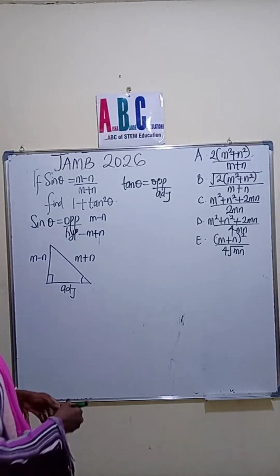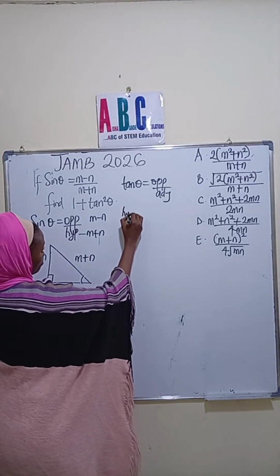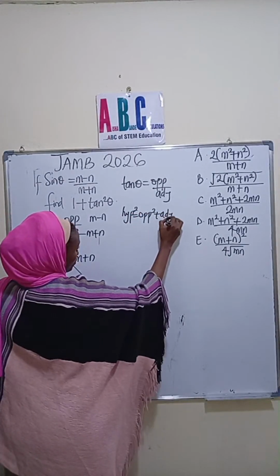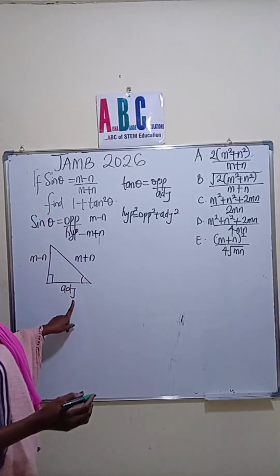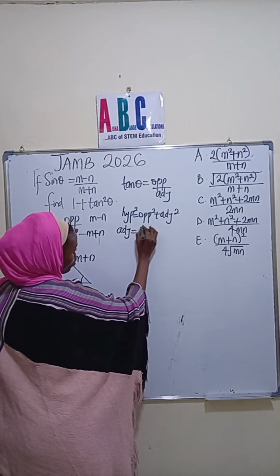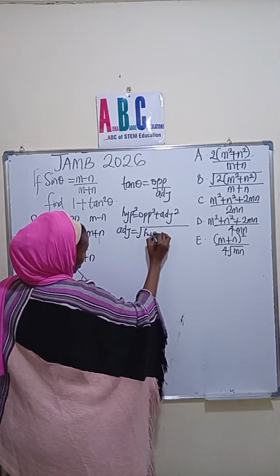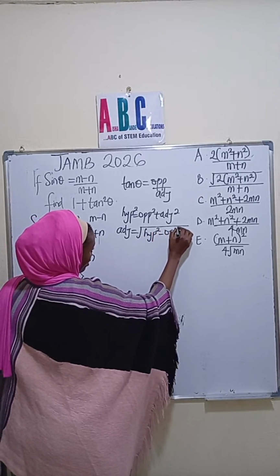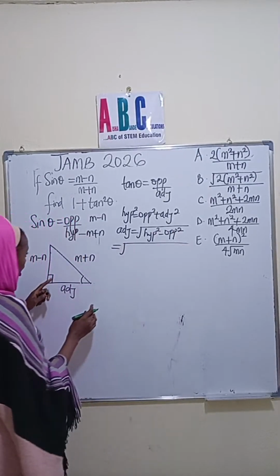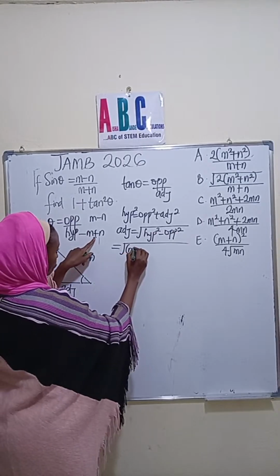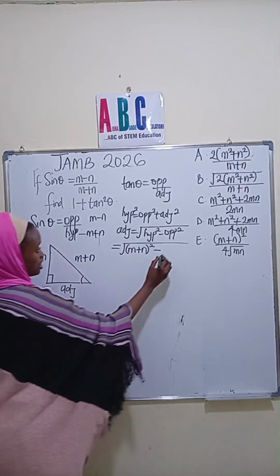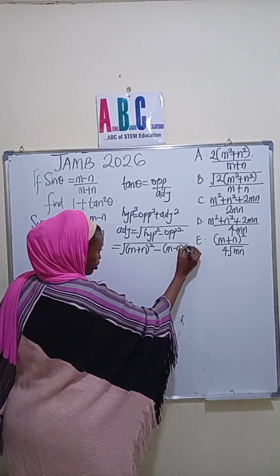We use Pythagoras rule, right? Hypotenuse square is equal to opposite square plus adjacent square. So what we are looking for is the adjacent. The adjacent will be equal to the square root of hypotenuse square minus opposite square. Am I right? So this is equal to the square root of M plus N to the power of 2 minus M minus N to the power of 2.